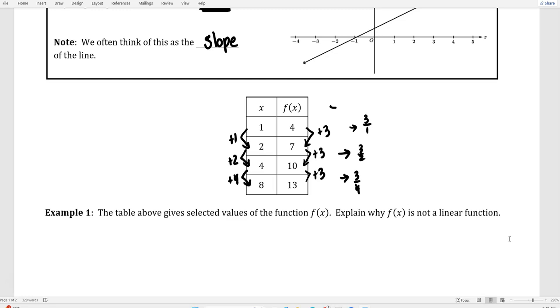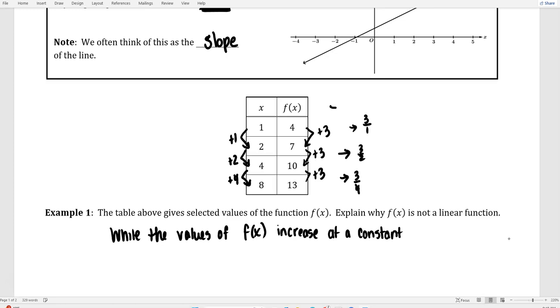So, one way I would explain this is to say, while the values of f of x increase at a constant rate, the x values do not.